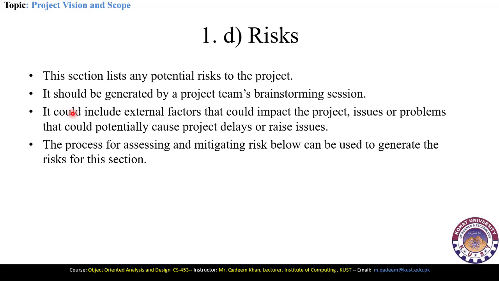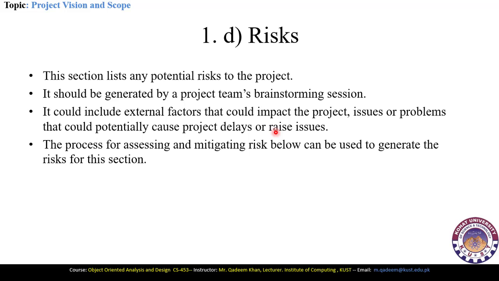Different risks have important external factors which can impact the project, or the issues are the problems that can potentially cause the project delay or raise issues. Mostly, a risk can delay the project or raise different issues during the project. For example, it can affect the project financially and the project may be lost as well.